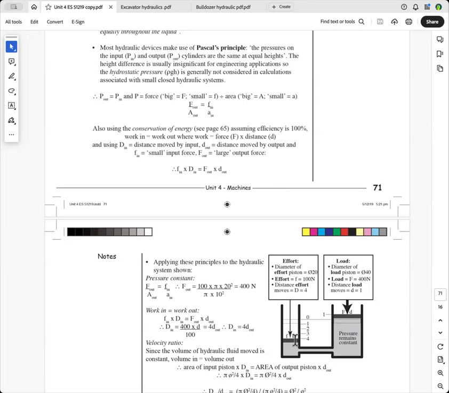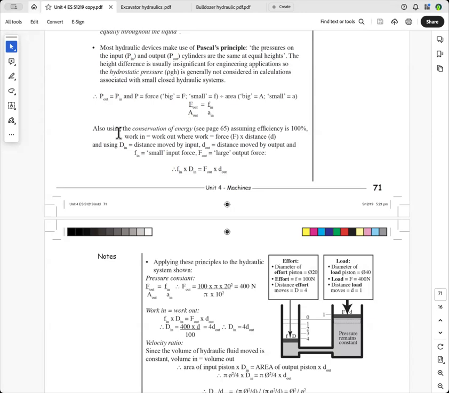And you see the difference in the area there. This one has got a piston of 540. This one here's got a piston of 520. So that's the first equation using Pascal's principle, using that pressure is constant throughout the hydraulic system.